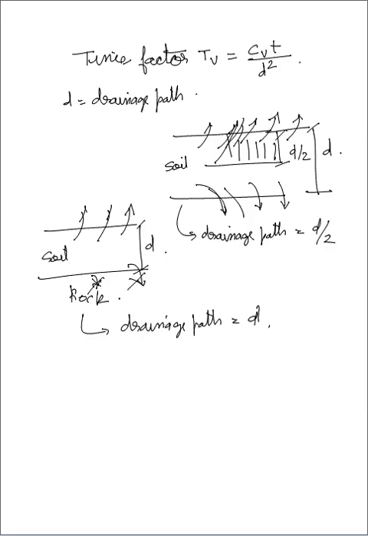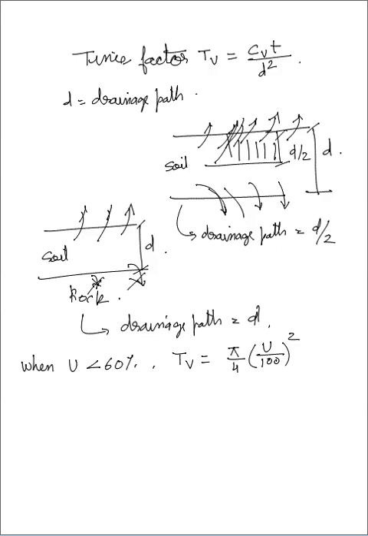Now regarding degree of consolidation or percentage consolidation, when U is less than 60%, then time factor TV = pi by 4 times (U by 100) square. So here you can directly find the time factor.